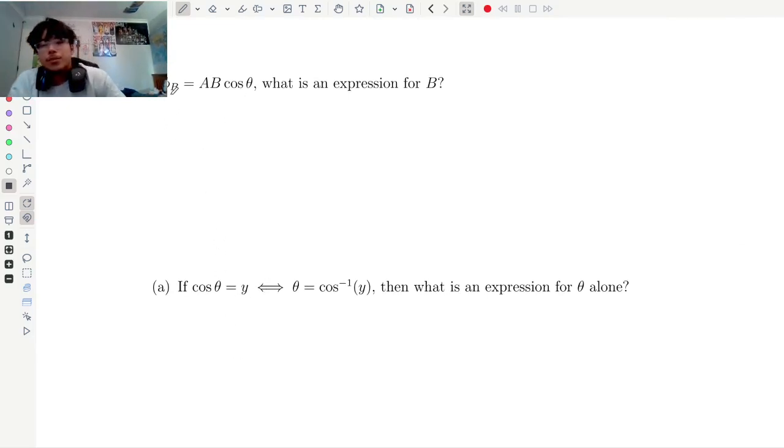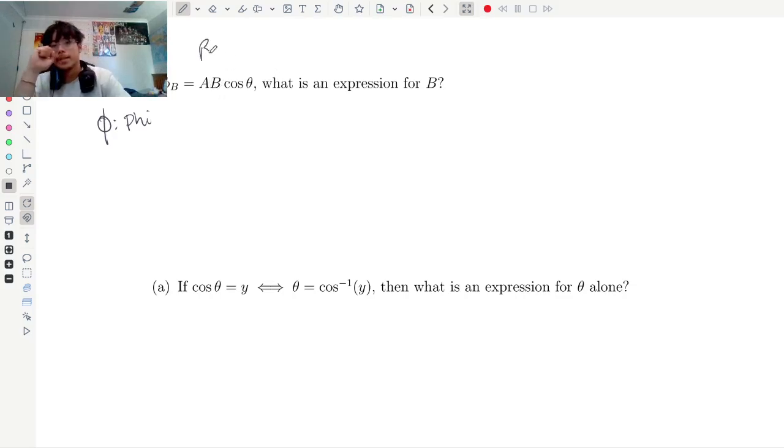So if phi of b is equal to ab cos of theta, what is an expression for b? This is another Greek letter, phi, and this is an equation for the magnetic flux. So for an expression for b, I want to get b on its own.